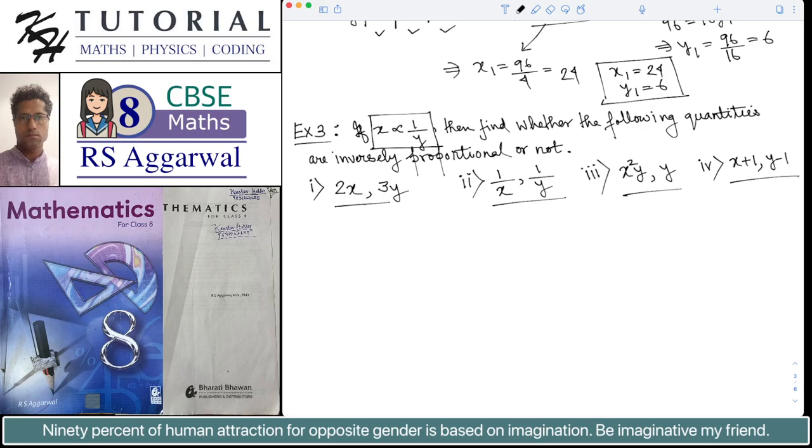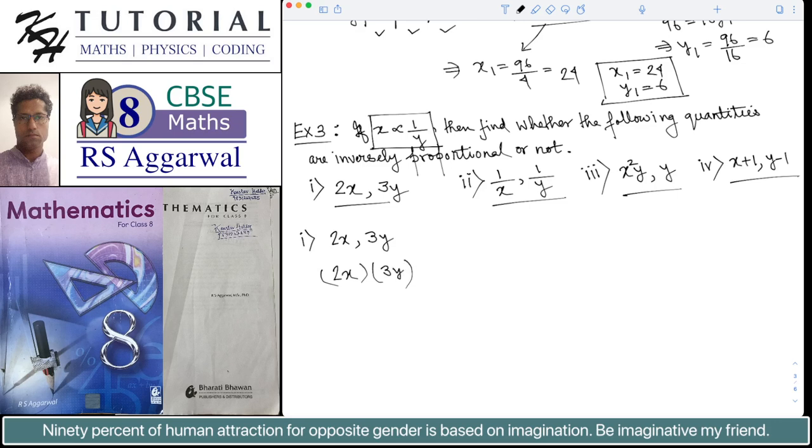So let's do part 1. We have to check whether the quantities 2x and 3y are inversely proportional to each other or not. We can say that 2x and 3y are inversely proportional only when their product, that is 2x and 3y, is a constant.